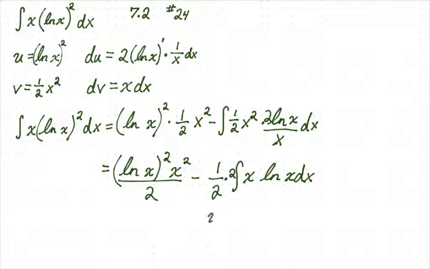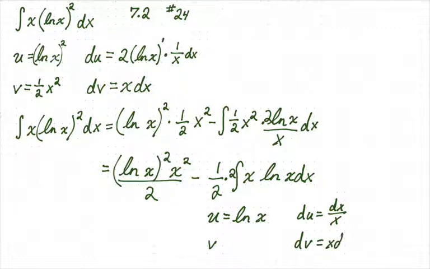And in this case, u is going to be ln x, which makes du the derivative of that, so dx over x. dv is equal to x dx, so v is 1/2 x squared again.